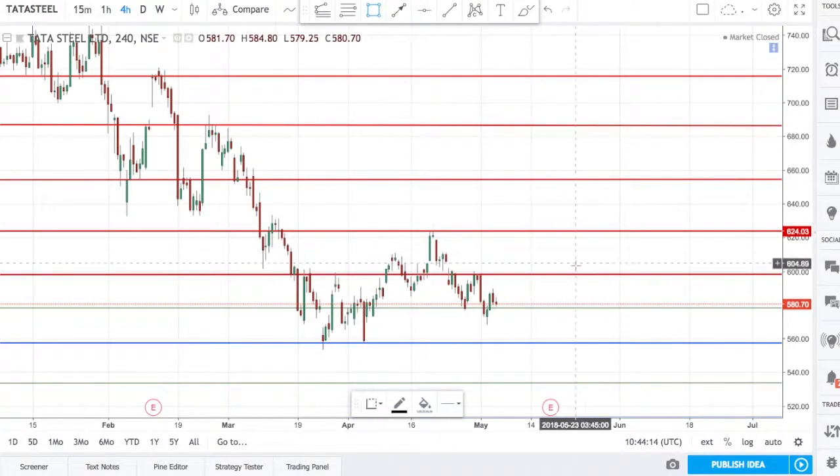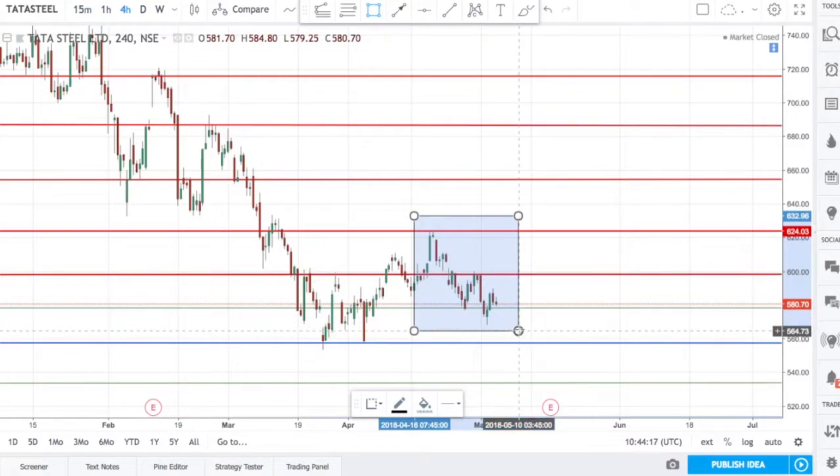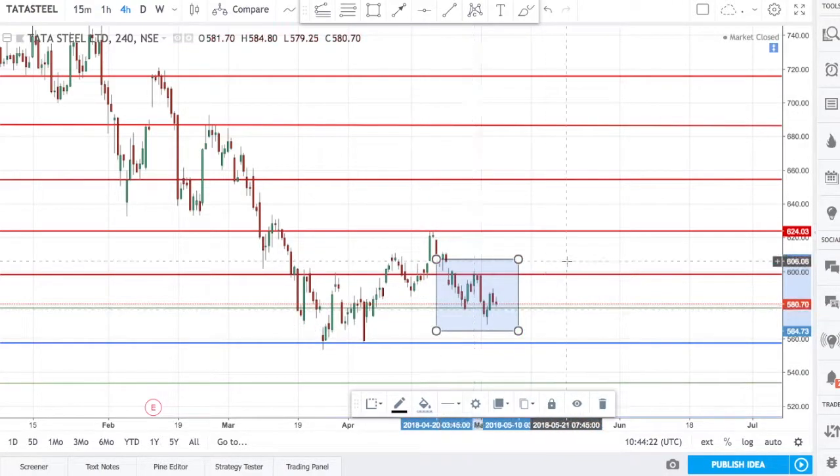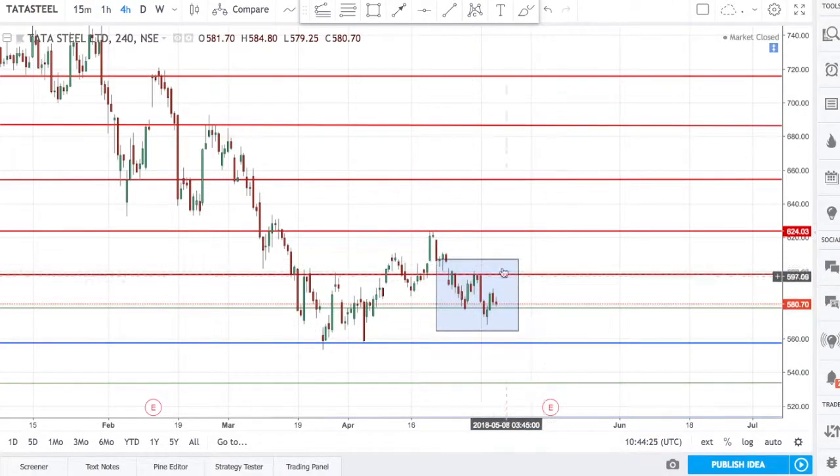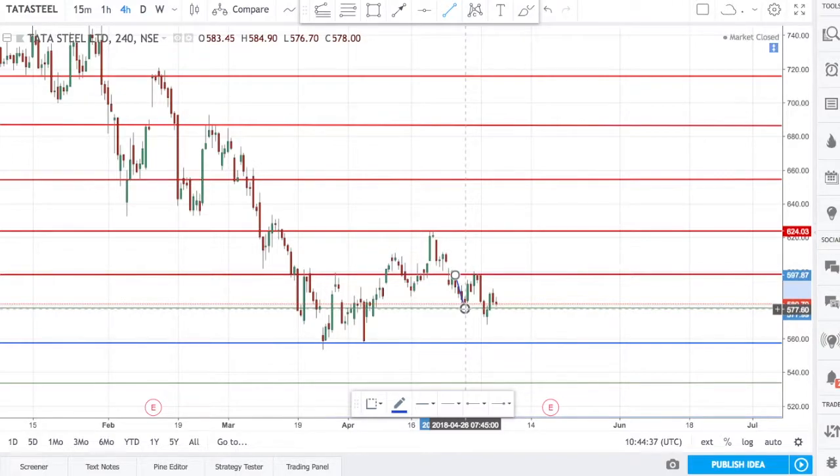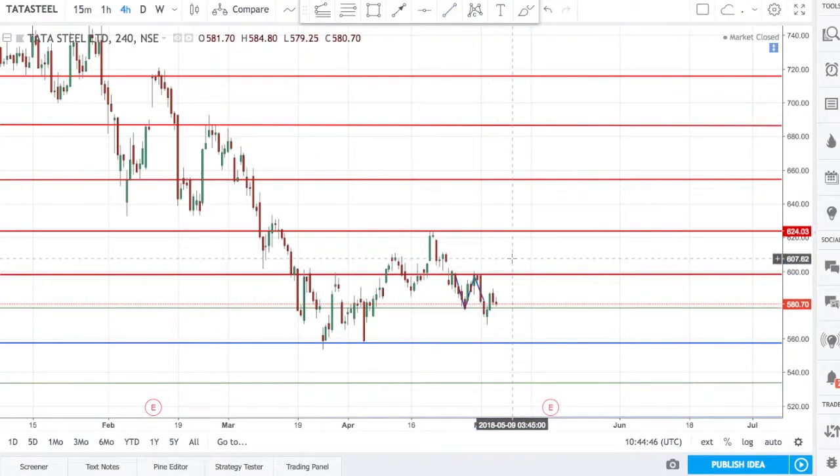Focus on this portion here. Prices broke down from this resistance, retraced back into that resistance level, and printed a strong negative candle once again, which gives us our possible trade setup.